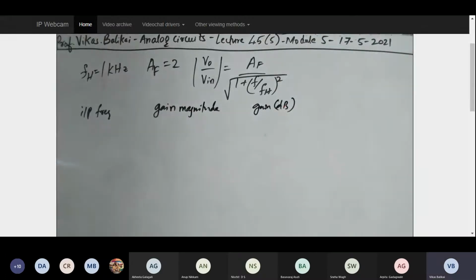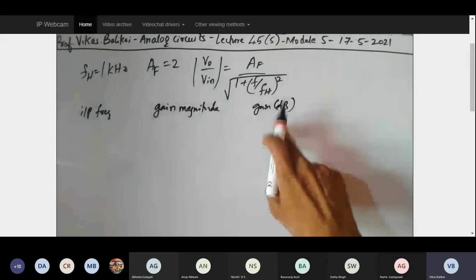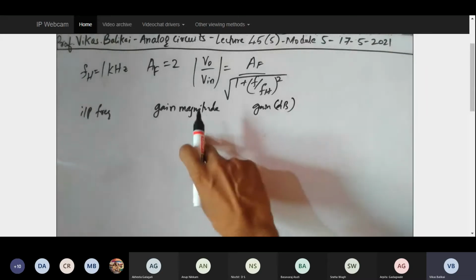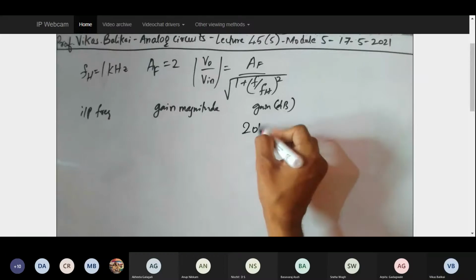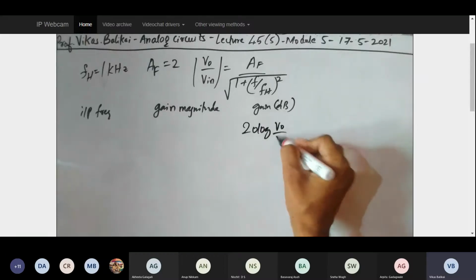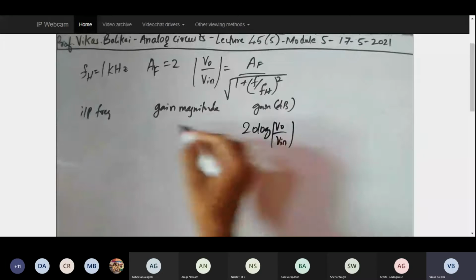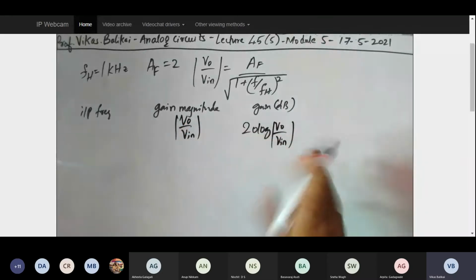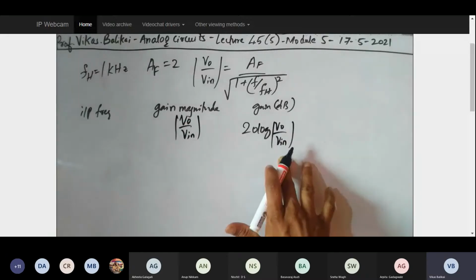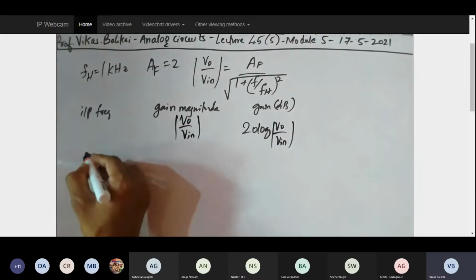Since I'm plotting the frequency versus the voltage gain in dB, I require this as well. And how do I convert the gain magnitude into dB? The simple formula is 20 log of V naught by V in magnitude. So whatever V naught by V in magnitude I get, I multiply it by 20 log to get the gain value in dB. Fine. So let's try to take some examples with respect to different frequencies.